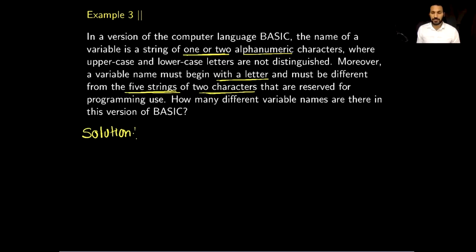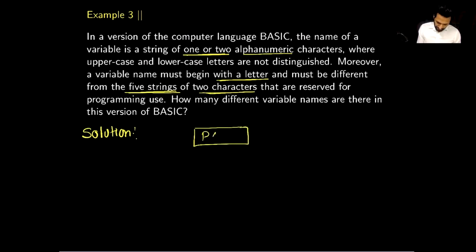So how many variables can we create by having either a 1 character or 2 character long string, where you have the restriction that the variable name must begin with a letter? In order to synthesize this problem, I'm going to draw a diagram in which I will separate the procedure and task. Our procedure is we need to create a string.